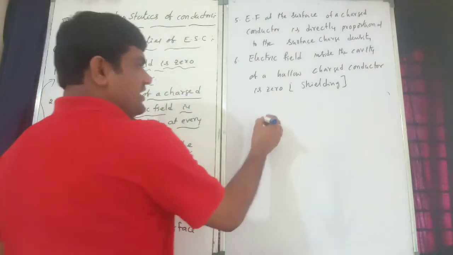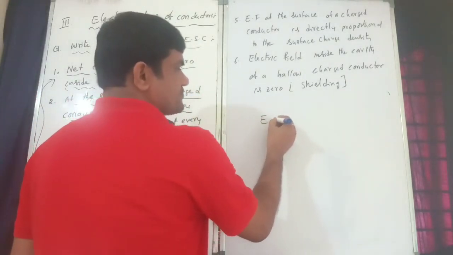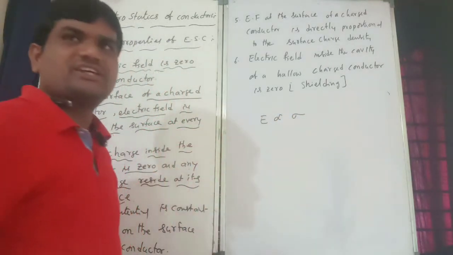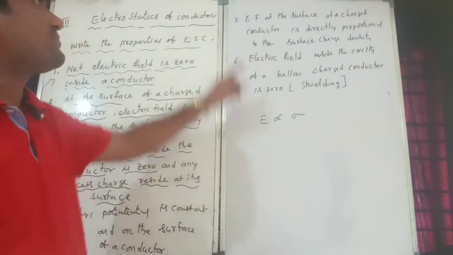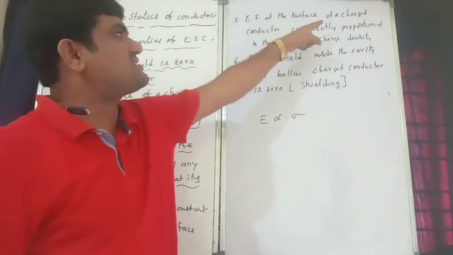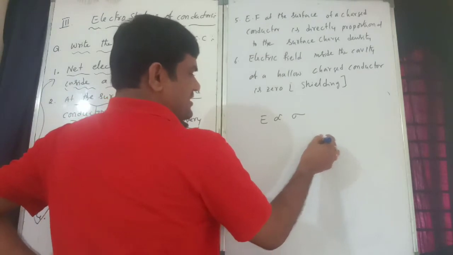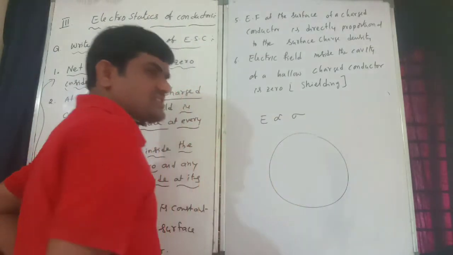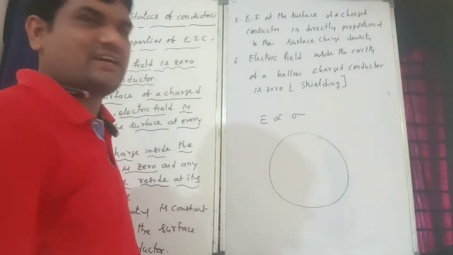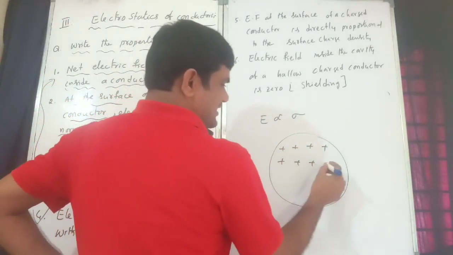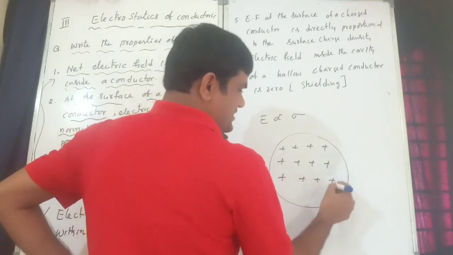That means E is proportional to sigma. For example, here I will consider a charged conductor. So what is that charged conductor? Complete charge will be there inside also.